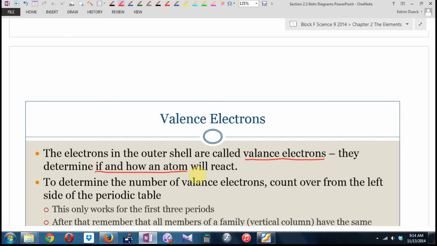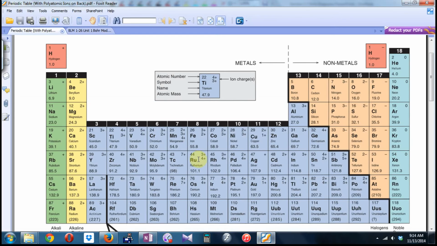To determine the number of valence electrons, count over from the left side of the periodic table. I lied. That trick only works for the first 3 periods. It doesn't work further down. I'll come back to that in a second.